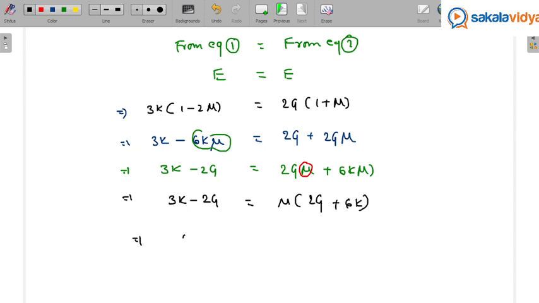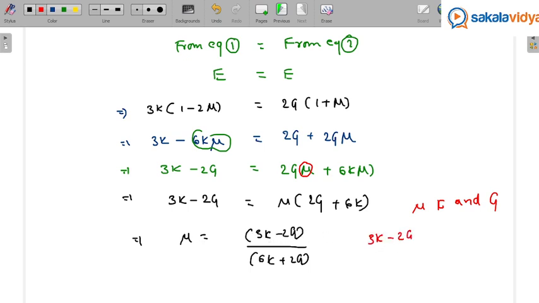So mu is equal to (3K minus 2G) divided by (6K plus 2G). This is the relationship between mu, bulk modulus and shear modulus, and this is the formula to derive mu.